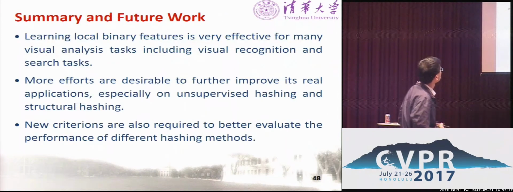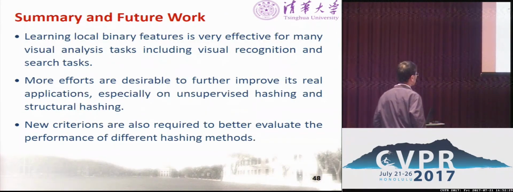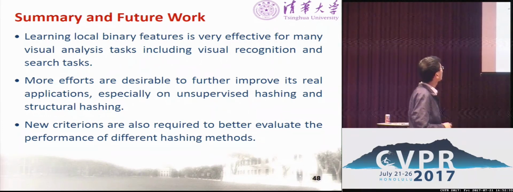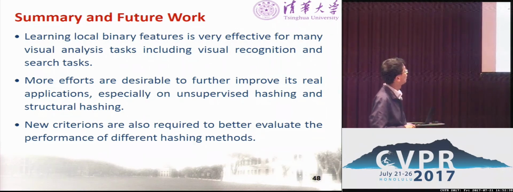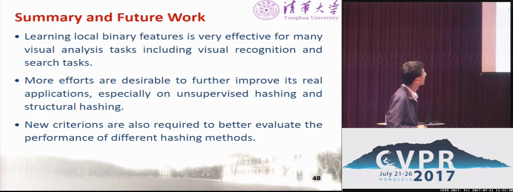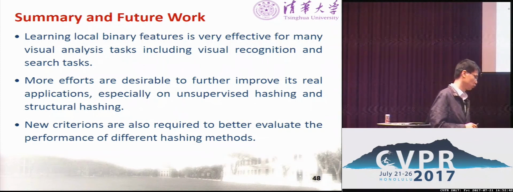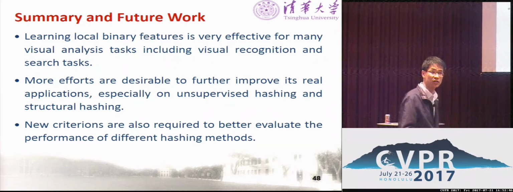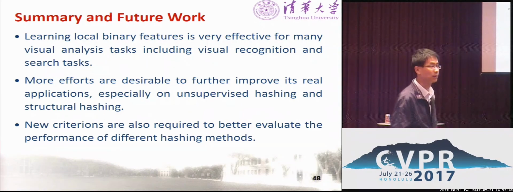Here is the key performance of our proposed method. Last is the summary of our local binary feature learning method. We find that learning local binary features is very effective for many visual applications, not only for visual recognition and visual search. We also use it for image matching and object detection in our ongoing project.